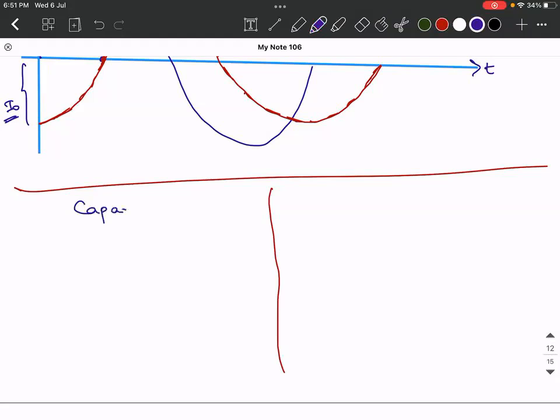The case of capacitor and the case of inductor, we saw one term.